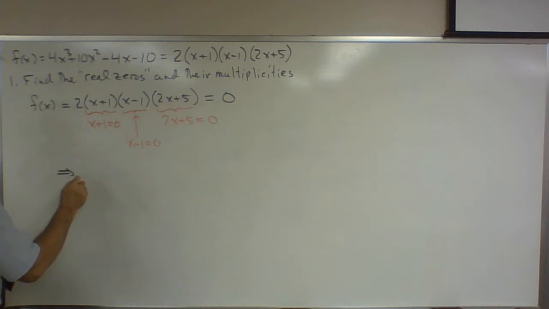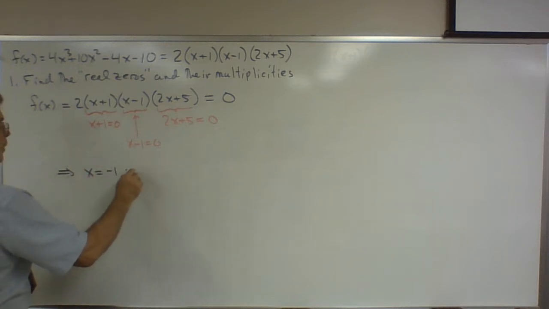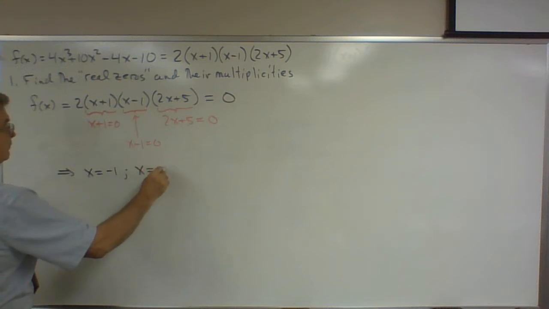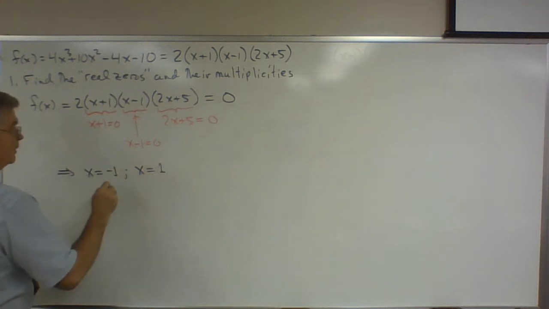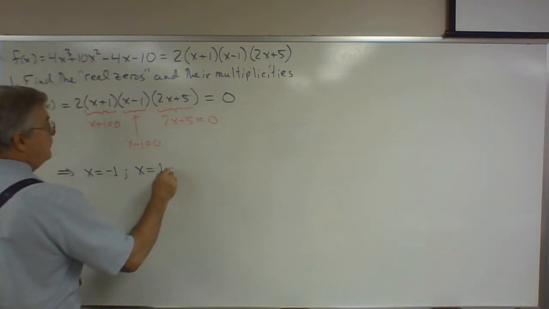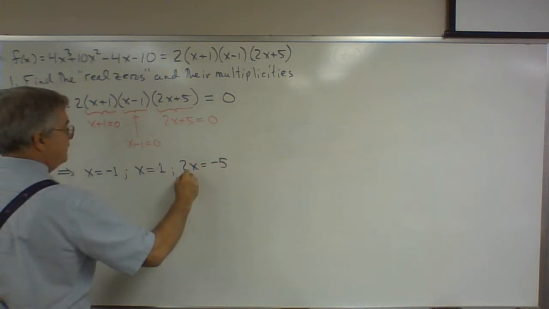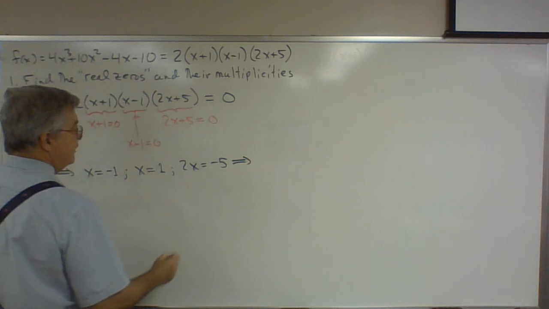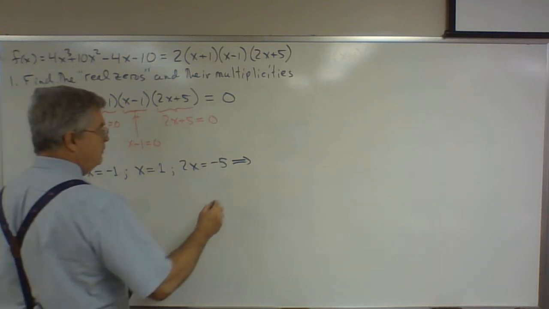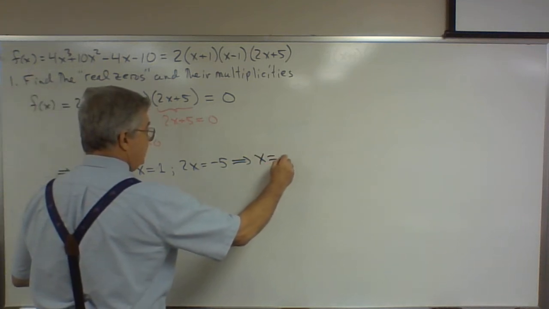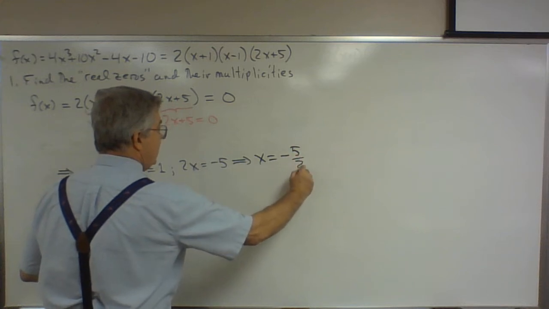And in this case, this tells us that x equals negative 1, or x equals positive 1, or 2x equals negative 5, which means that if we divide both sides by 2, x equals negative 5 halves.